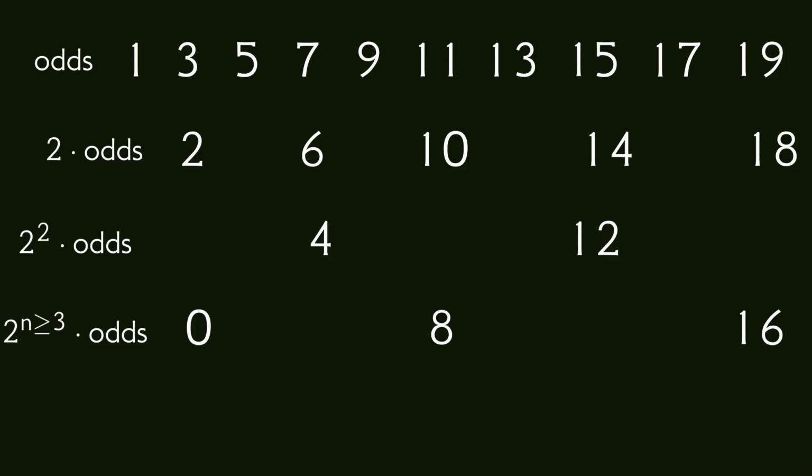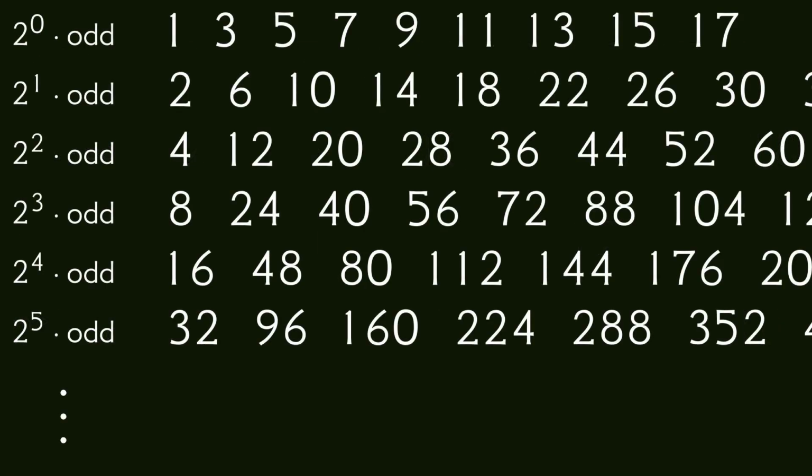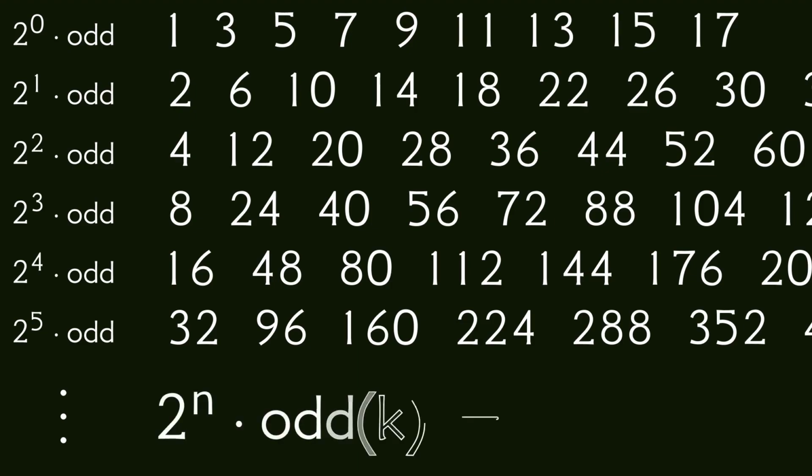And this is a process that, unlike the previous one, can be taken to infinity. We get a scheme where a counting number written in the form of 2 to the n times the kth odd number will be in the kth position of the nth omega. Thus, we have managed to create an ordering of order type omega times omega, also known as omega squared.